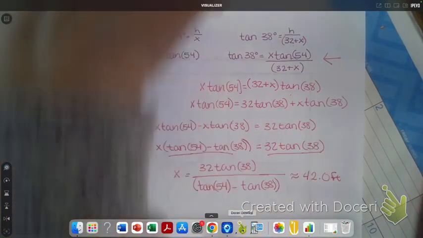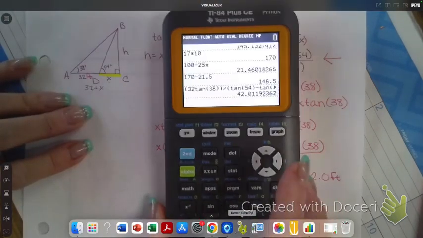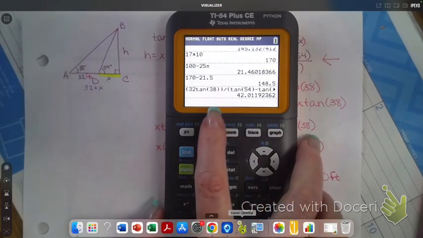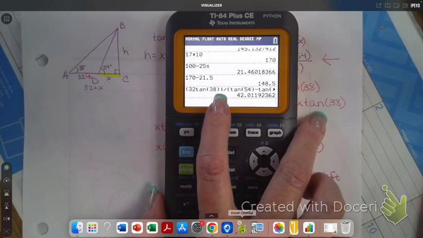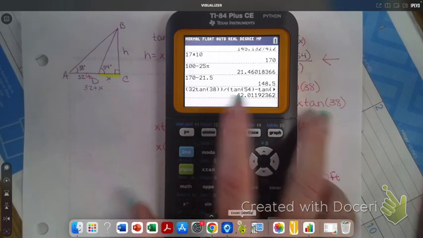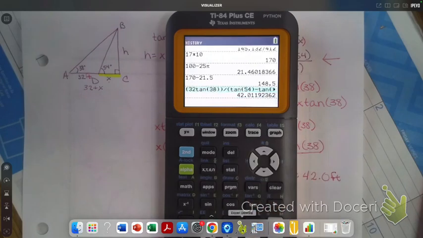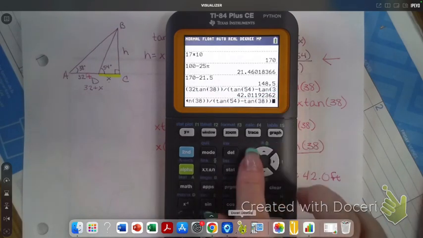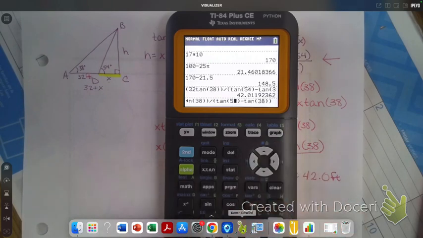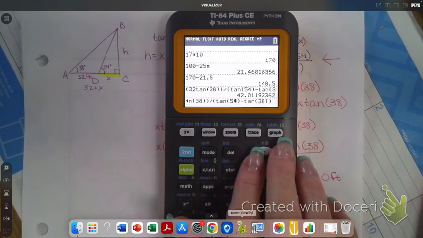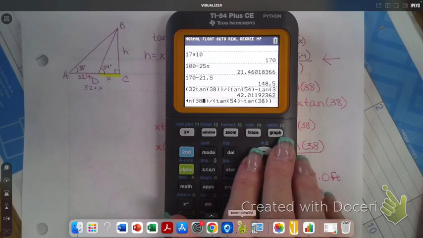You didn't get the right answer? Did you put it in exactly like that? Parenthesis 32 tangent of 38, parentheses, divided by, if you go up and hit enter, it will let you move through it.